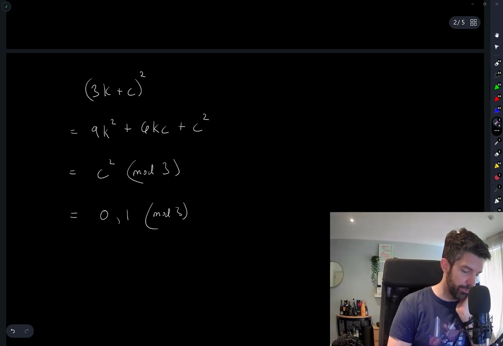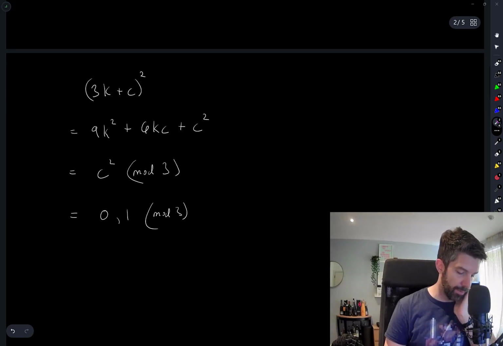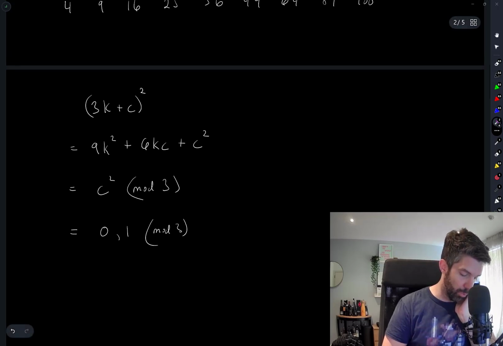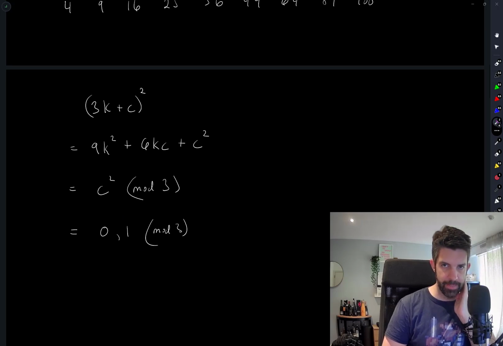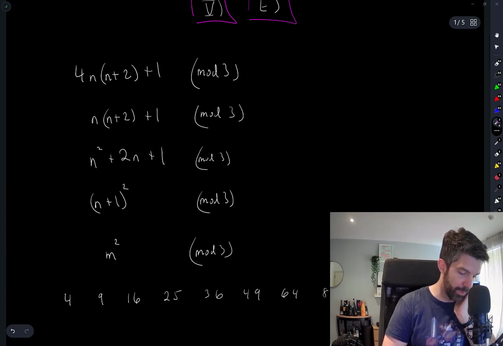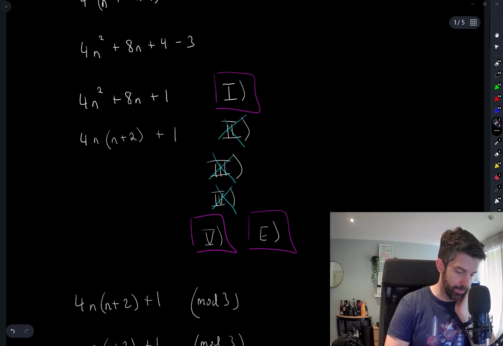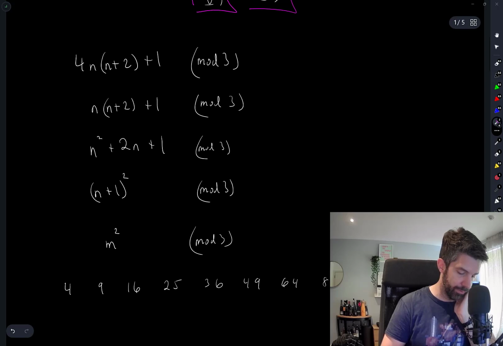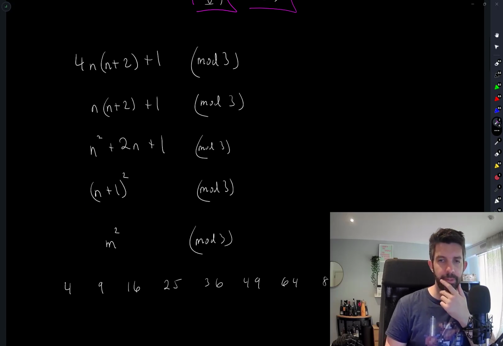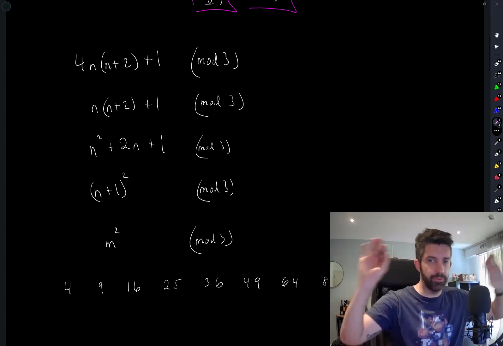I mean, this shows that if you square any number and look at it mod 3, it's always equal to 0 or 1. And yeah, we've shown that as long as we do everything mod 3, the entire sequence of operations, the final number here is equivalent to the square of something mod 3, which is always 0 or 1. Yeah, so anyway, that's the final answer.